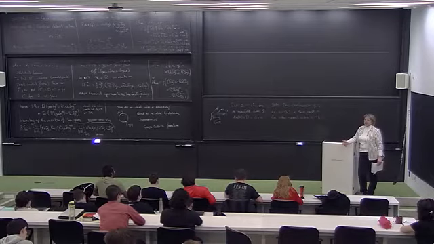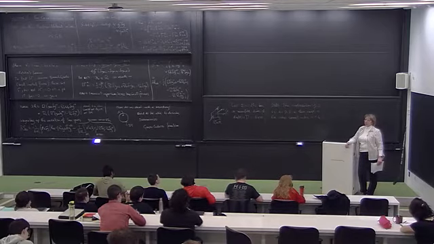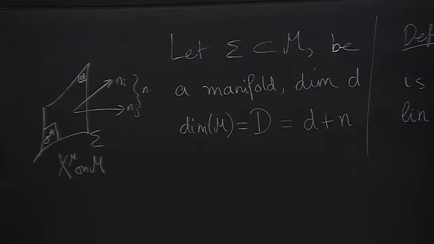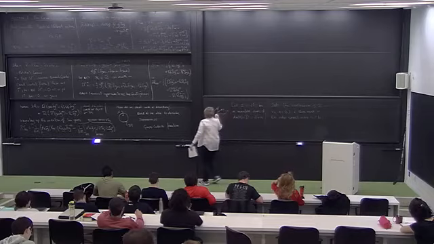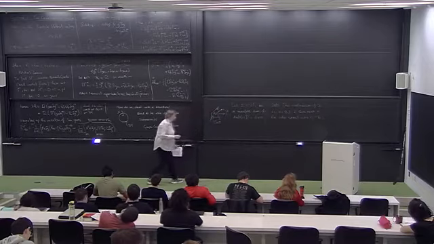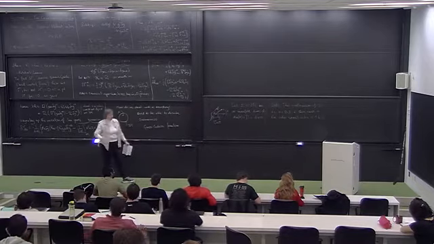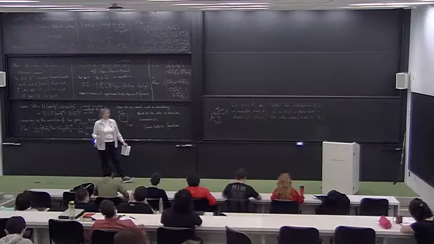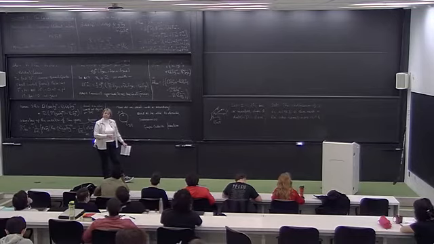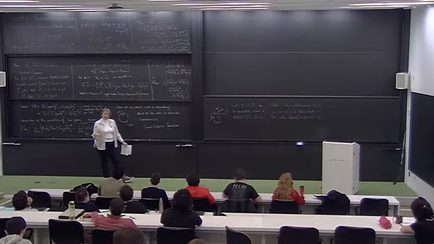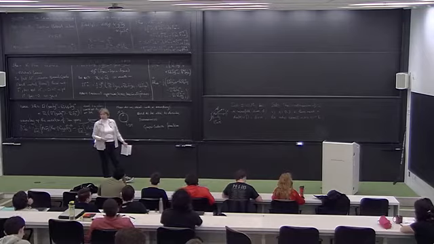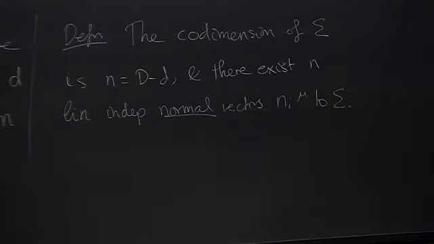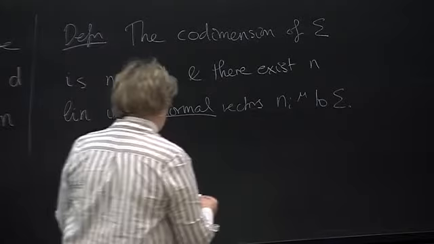And what it means is that we can place n linearly independent normal vectors. So you're thinking of a point P on sigma, and the tangent space at that point. You're imagining that you've got little d vectors that are also tangent to sigma, and then what remains are little n extra directions, which you can parameterize by these normal vectors, n i.